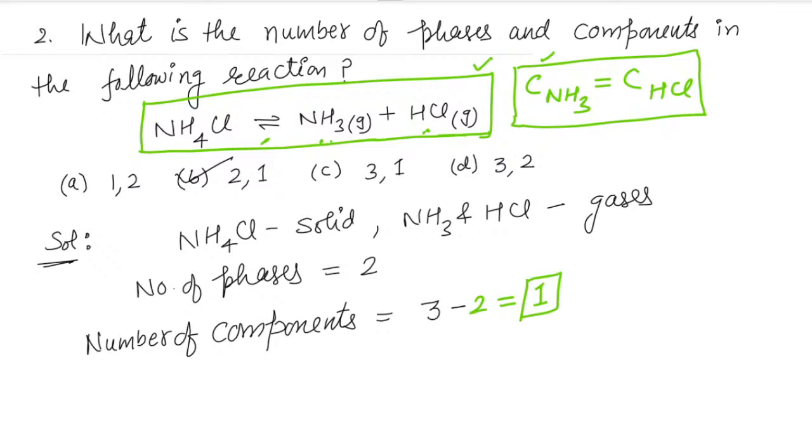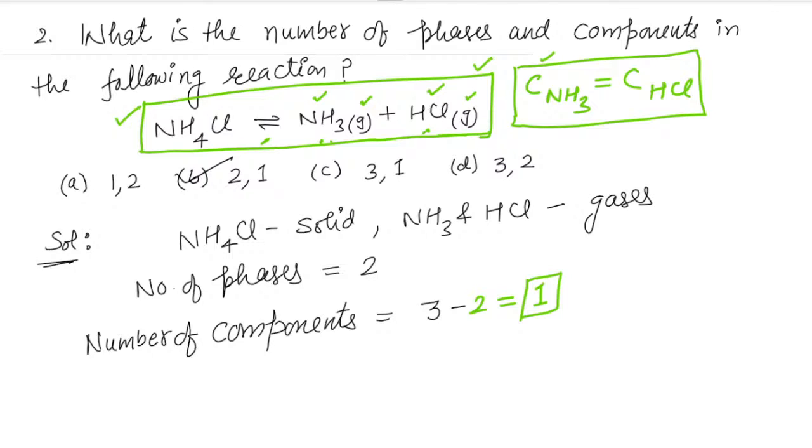There is one relation that is clear cut, but the second relation we have to frame, because the number of moles of ammonia is equal to the number of moles of HCl, and as both are gases, the volume is equal to the volume of the container.